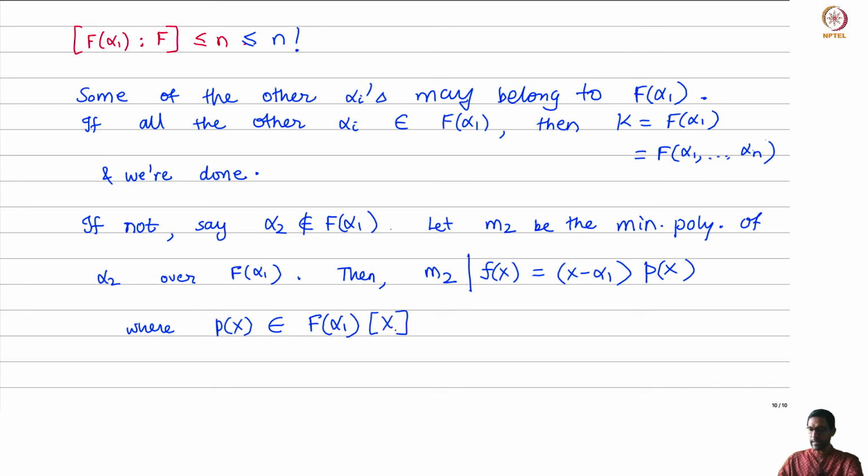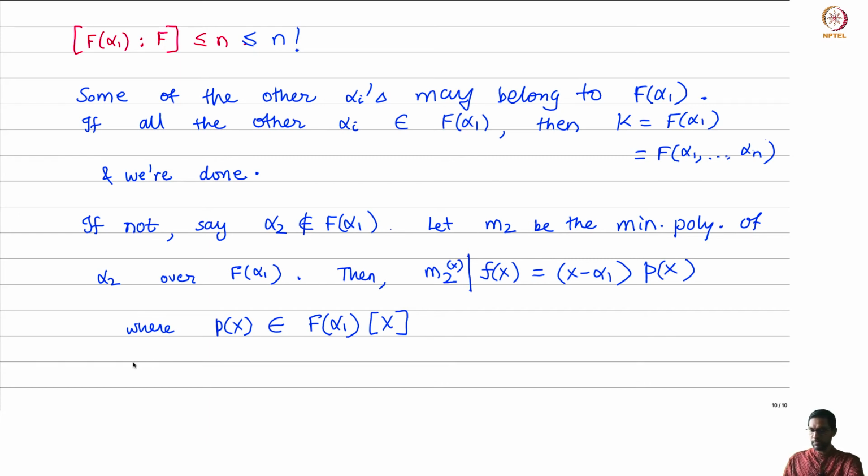So of course when you go to k, p of x will be the product of the other factors, x minus alpha 2, alpha 3 and so on. But because alpha 1 belongs to the field f alpha 1, I can pull out that factor alone and think of the remaining factors as being some polynomial in f alpha 1 of x. Okay. So this polynomial M2 of x must divide x minus alpha 1 into p of x. Okay. So this is just the factorization in this polynomial ring.